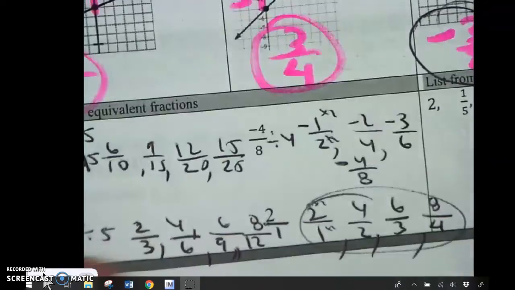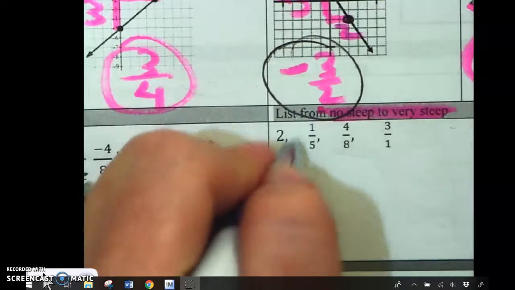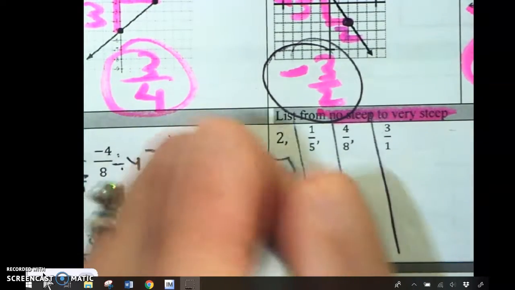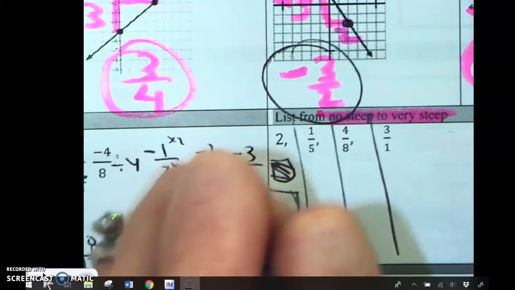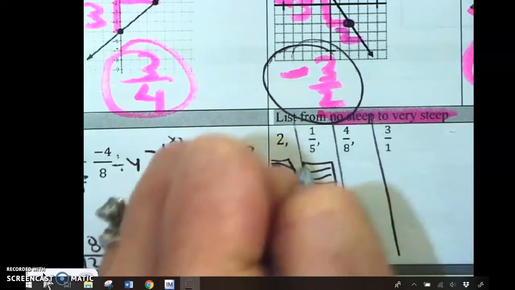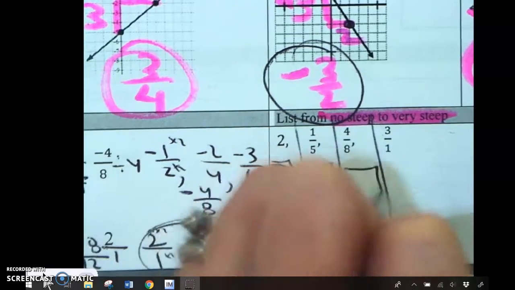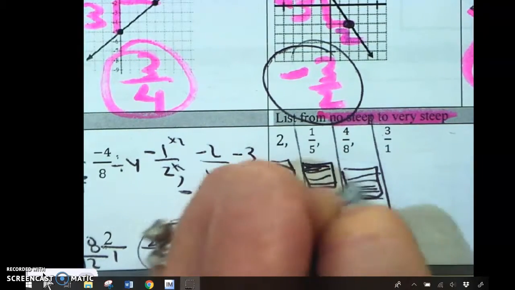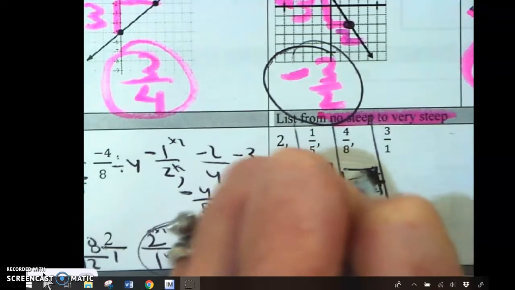Okay. Now they want no steep to very steep. Just slice 1. 1, 2, 3, 4, 5, 6, 7, 8. But I can see it's half of them.